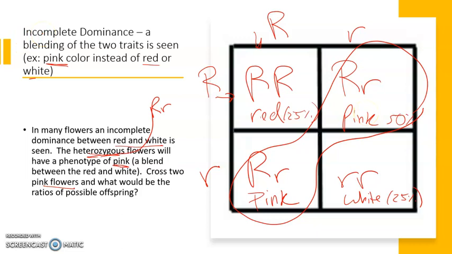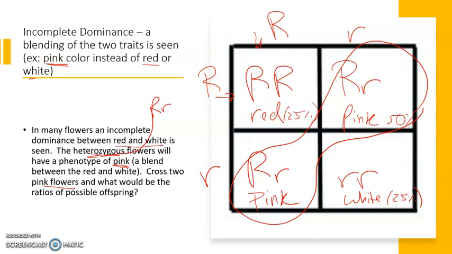So you'll notice that with codominance and incomplete dominance, you do the Punnett square in the same way that you did those complete dominance situations before. So I do the Punnett square the exact same way. The only difference is how I interpret the results, how I interpret the relationships between the different alleles.